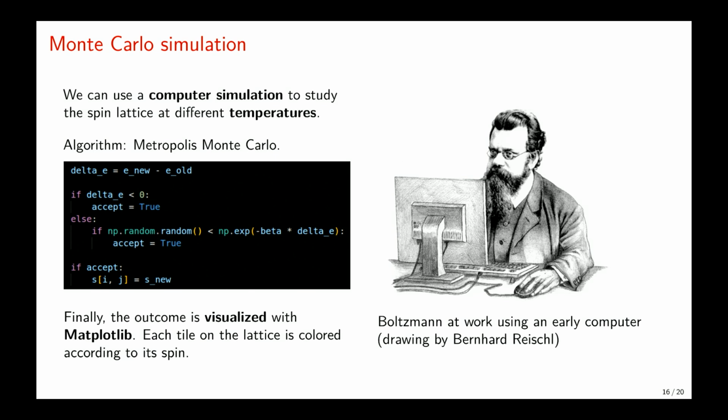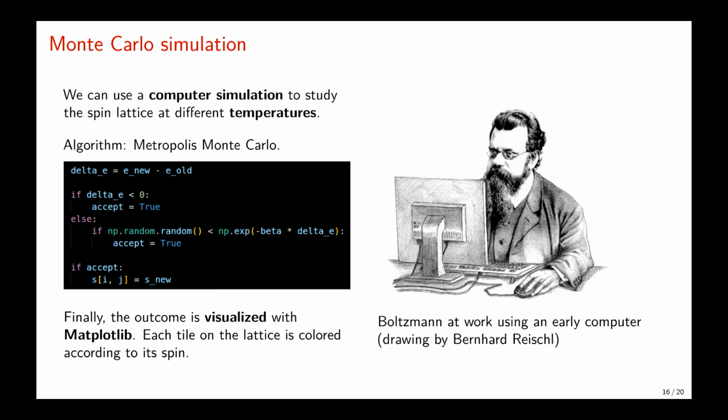But if the energy goes up, then we only accept this with a certain probability factor. So we have random numbers coming in, and this probability factor is related to both the energy change as well as the temperature of the system, where again, we know from before, higher temperature also means we are a bit more likely to be fine with high energies.